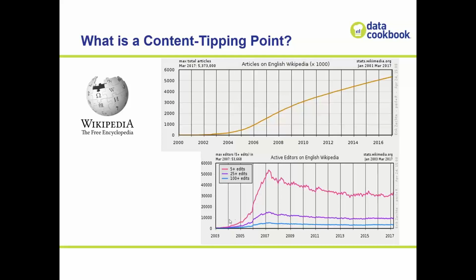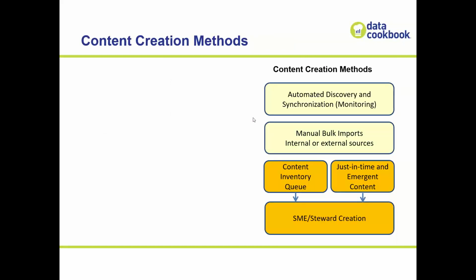These are the casual editors, people who just do like 5+ edits, as opposed to the more serious ones. They had to reach a certain number of articles before they really felt like they could participate. So you want to get to that point, but it doesn't have to be, again, everything in the world. You want to have enough information there to make that work.